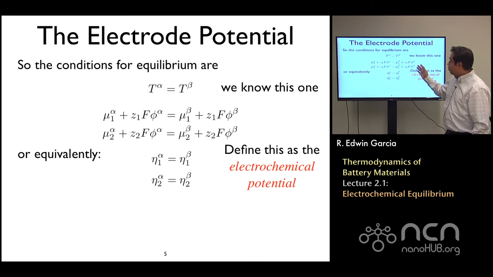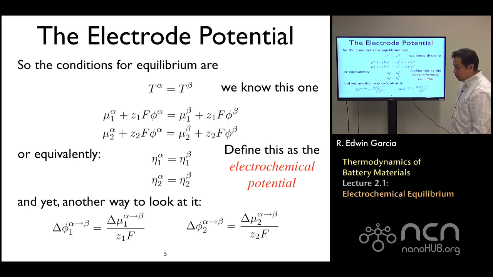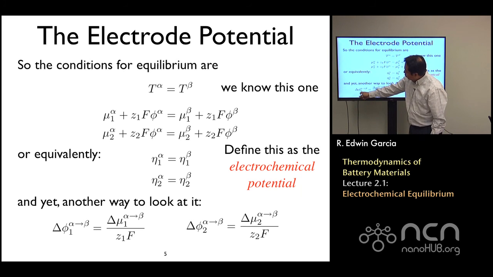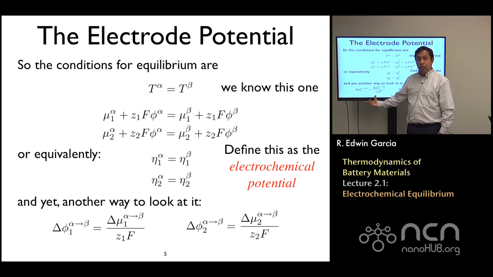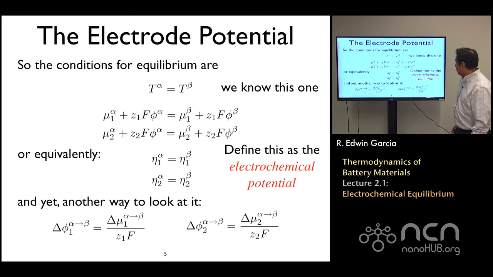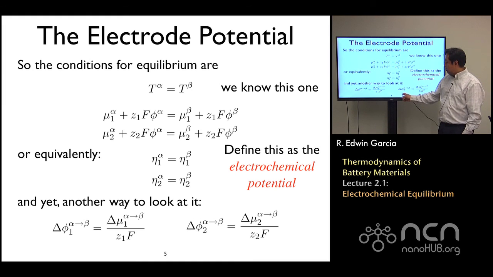Okay? Another way to look at the same thing could be written like this. Basically, what I'm saying with this relationship is that the voltage for component 1 for transforming from alpha to beta corresponds to the chemical potential difference between both of them divided by z1 F. And if you include the valence of component 2, the chemical potential difference divided by z2 F gives you the potential of component 2.